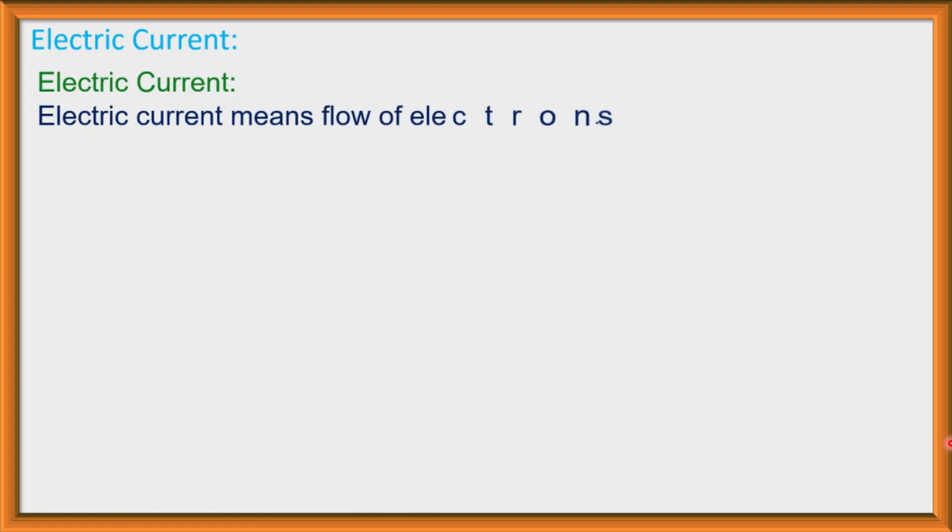Now electric current. Electric current means flow of electrons. When electron flows from one place to another place, then we can say it electric current.